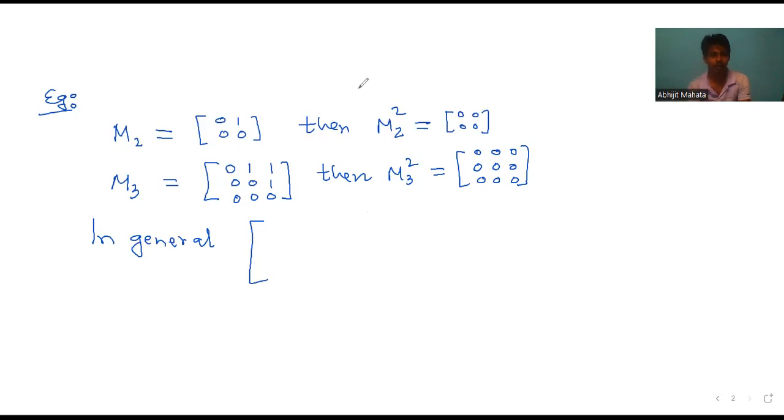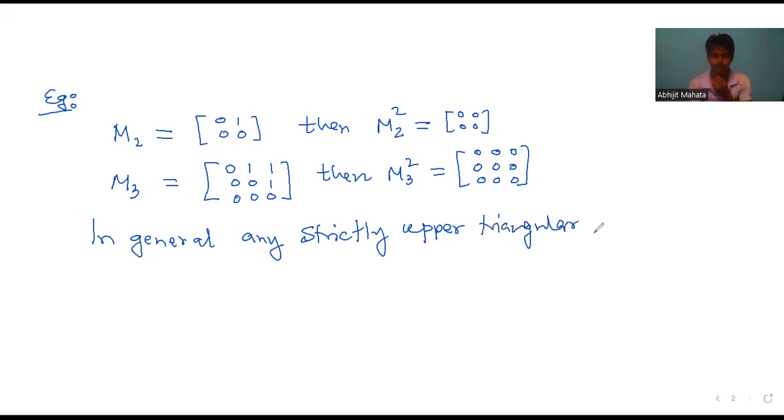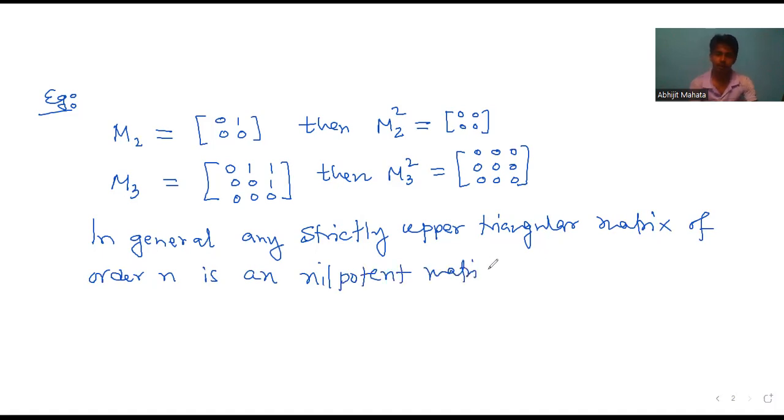So in general, any strictly upper triangular matrix of order n is a nilpotent matrix of index n.